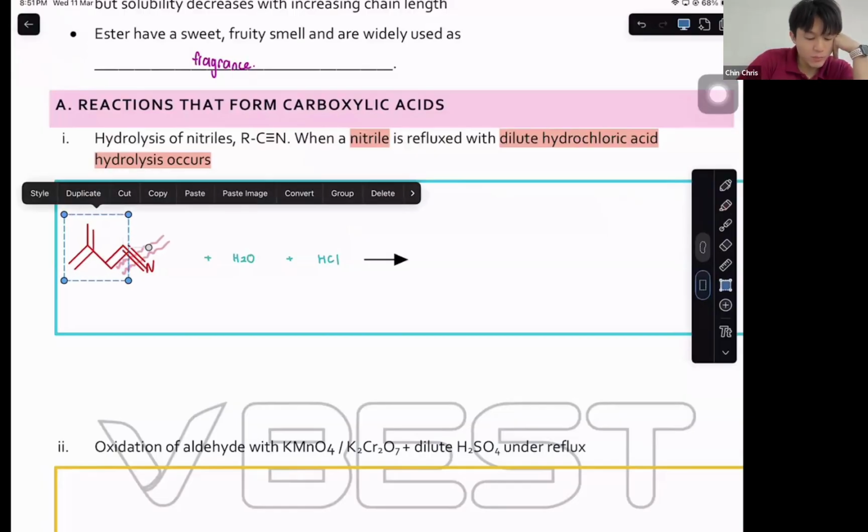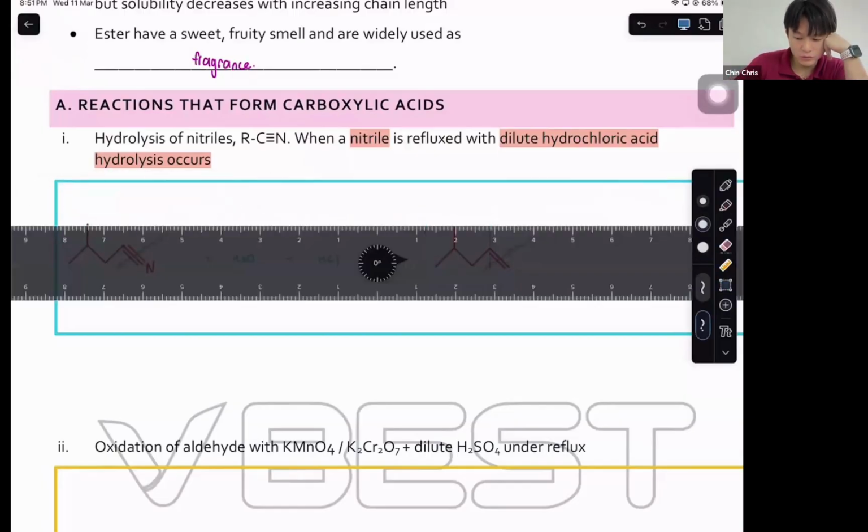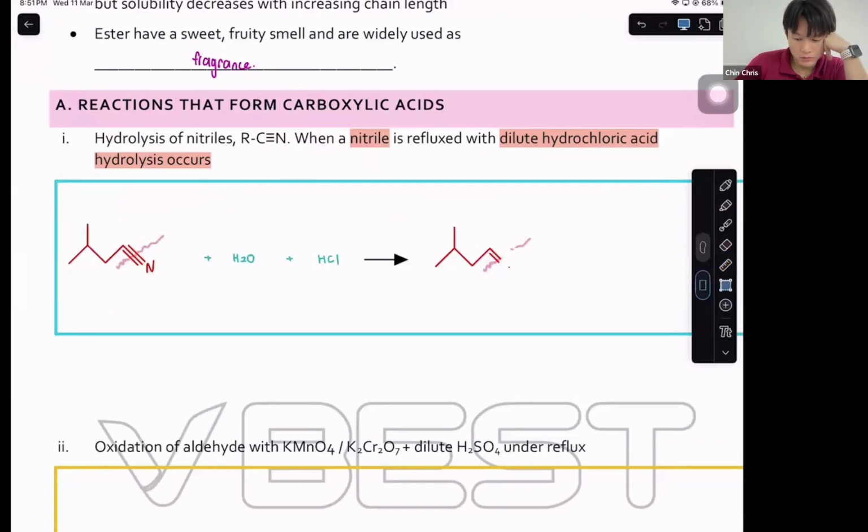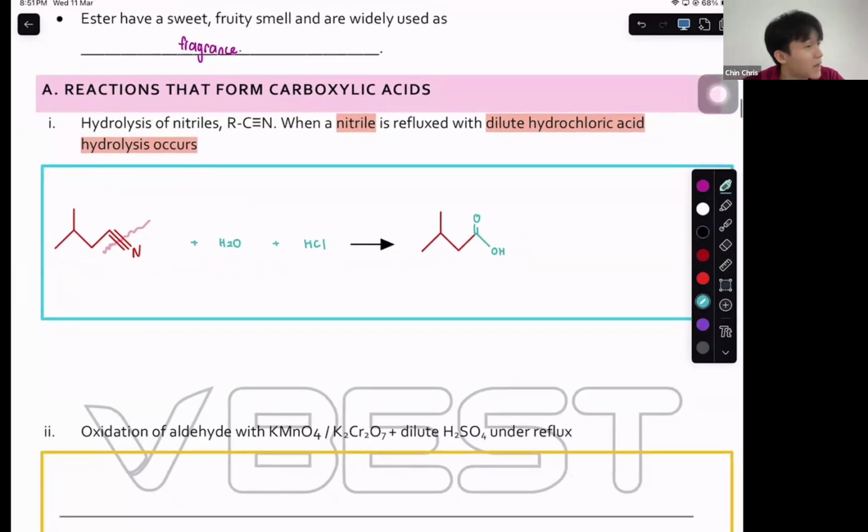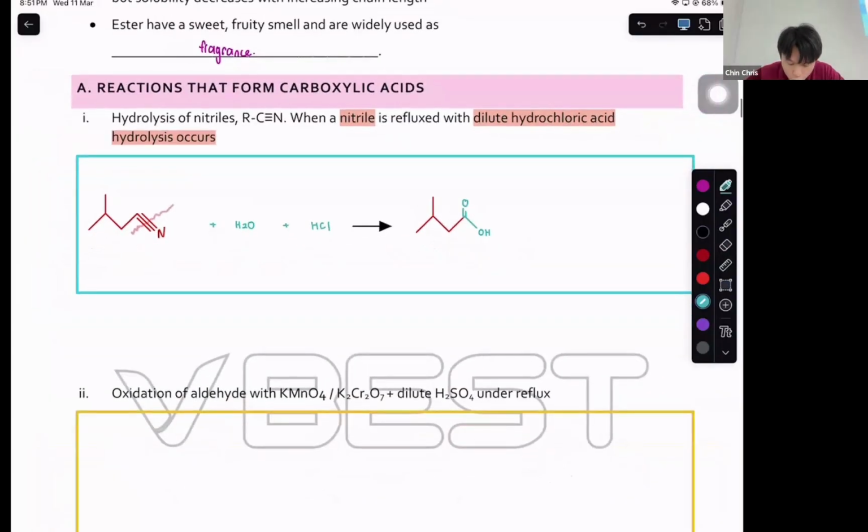So this triple bond N is no more. And it's going to turn into a double bond O, OH, right? Remember, it's going to turn into a carboxylic acid. And the nitrogen is going to turn into NH4+ Cl-. A salt is produced. To balance the equation, 2H2O. Done.